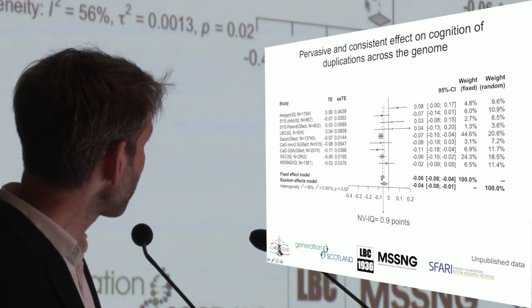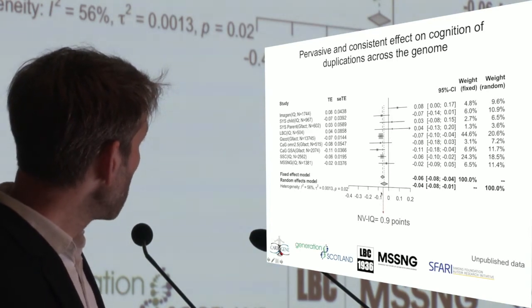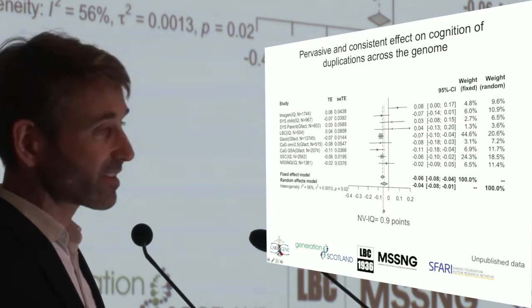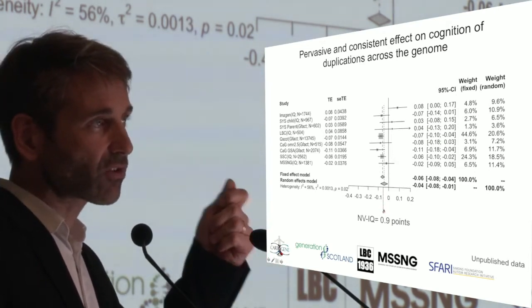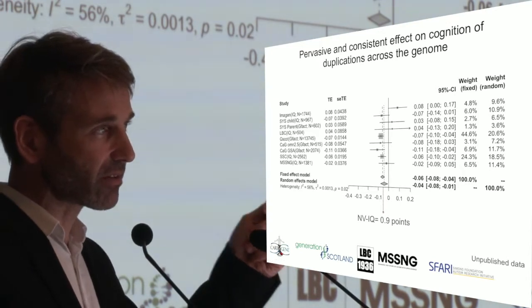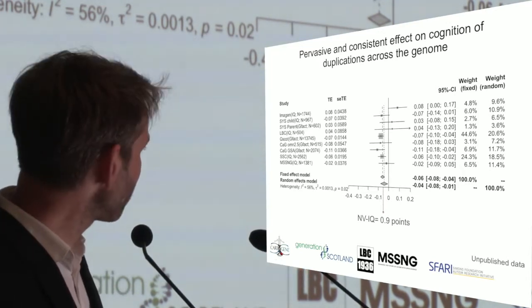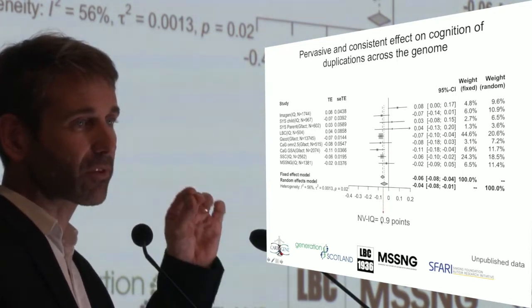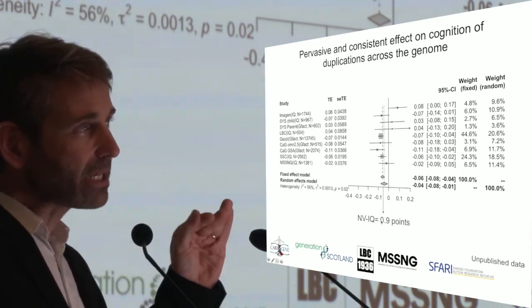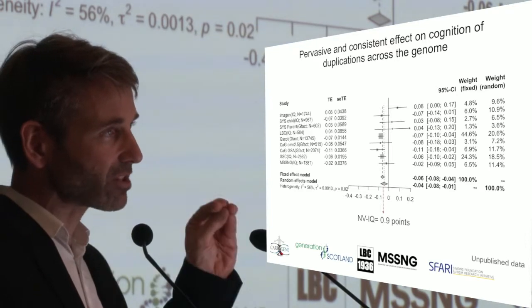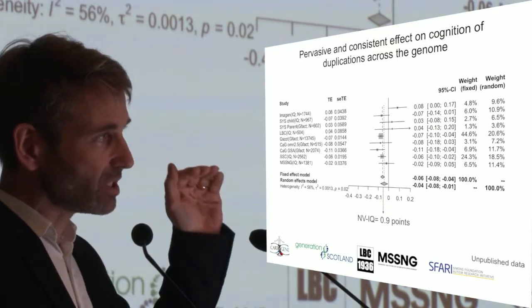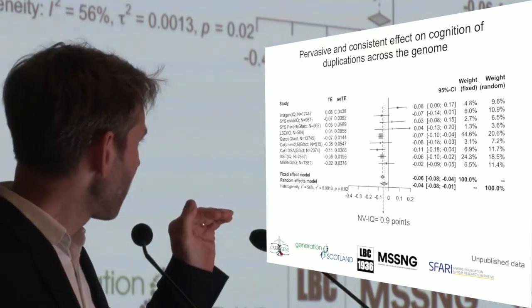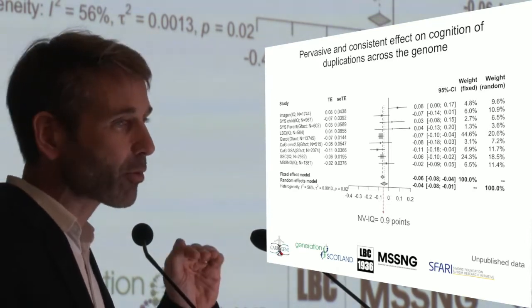Now, for the duplication, we didn't have the power in the initial publication to look at its effect, but now that we have enough power, what we're seeing is, first of all, it's the same haploinsufficiency scores that best predict the effect of any duplication on general intelligence. And the effect size is about 2.5 times smaller. So for any point of pLI in the genome that you duplicate, you decrease your IQ by, we're thinking, 0.9.